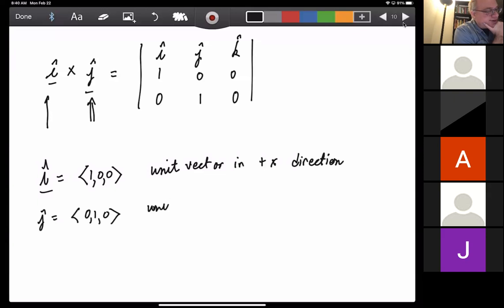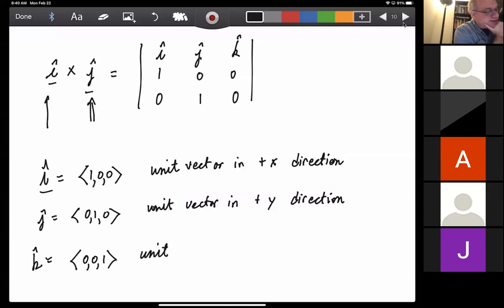It's a unit vector in the positive y direction. So remember, unit means length 1. And k hat is the vector 0, 0, 1. That's a unit vector in the positive z direction.